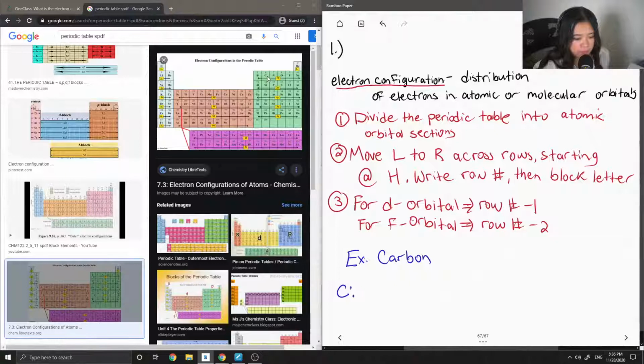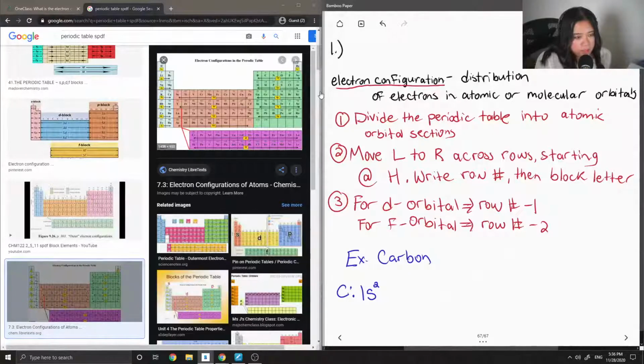The row number starting at hydrogen is 1, and then its block letter is s. Going across, helium is also in the 1s orbital. To show that there are 2 electrons, the 1 in hydrogen and the 1 in helium, I put 1s2.